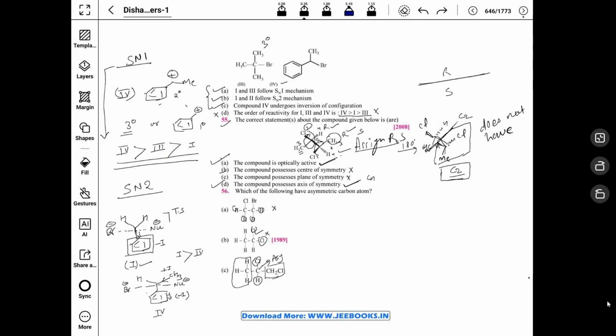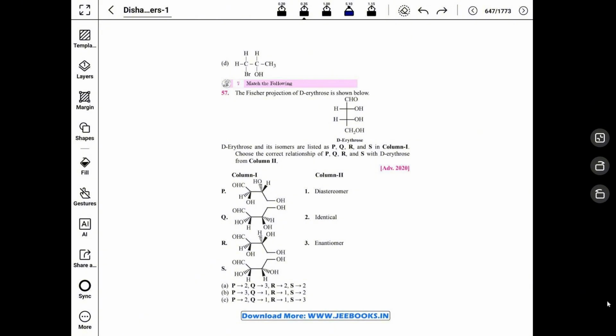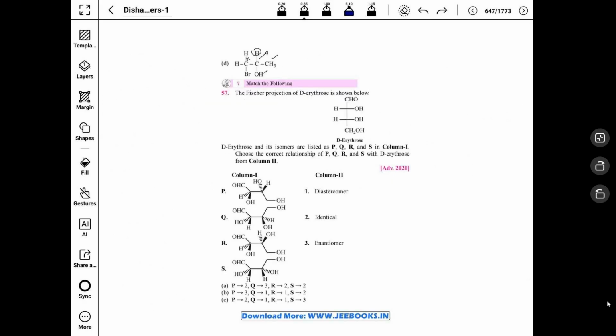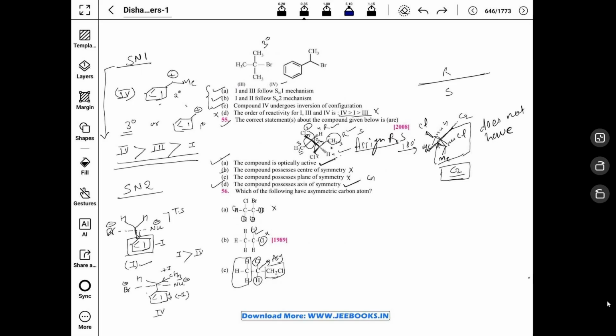Now what is the fourth one? In the fourth case, you have methyl, OH, hydrogen, so this one is an asymmetric carbon, but this is not an asymmetric carbon. Therefore we can say that compounds C and D have an asymmetric carbon.